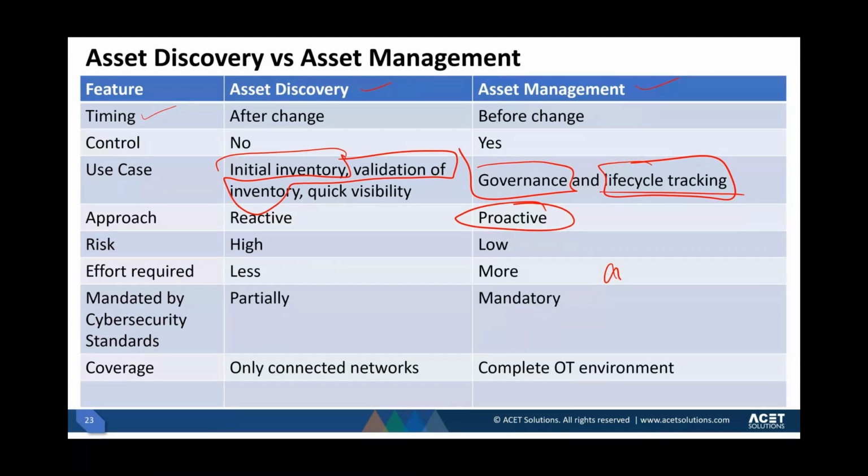Most asset discovery tools, the way we see them, are based on Ethernet and IP network traffic, and maybe sometimes even TCP or UDP, depending upon what technology you're using. So if your field instrument is not even connected to an Ethernet type network, then the asset discovery tool will not be able to get to it.